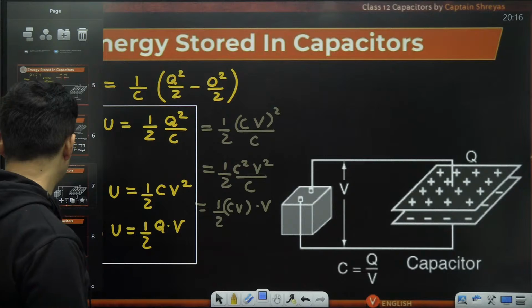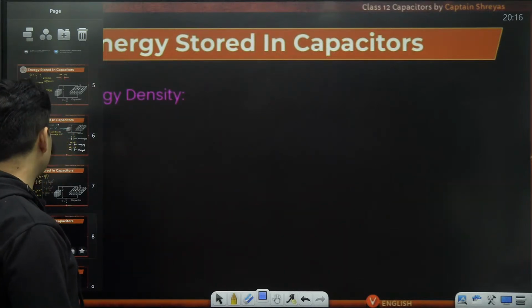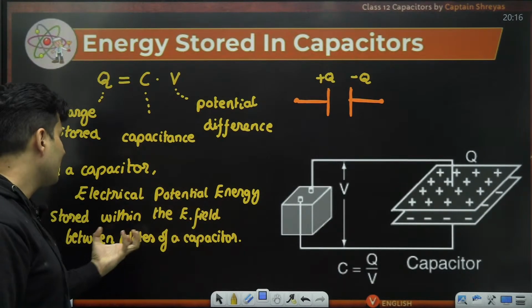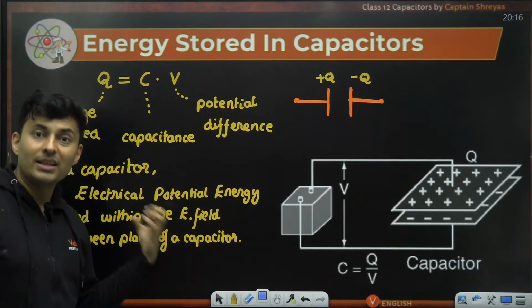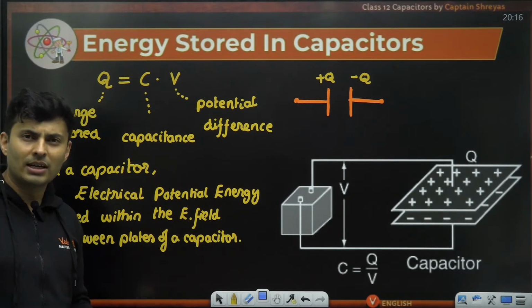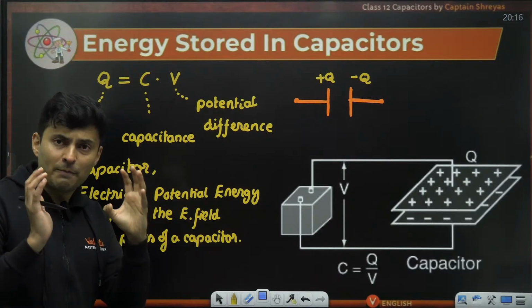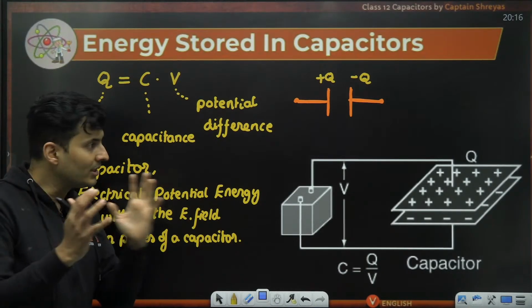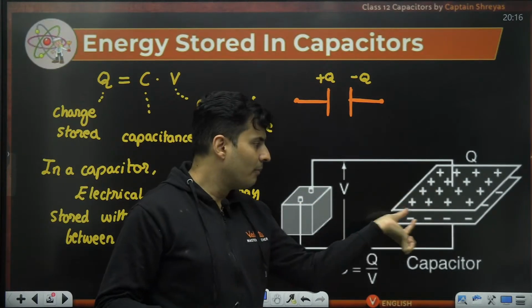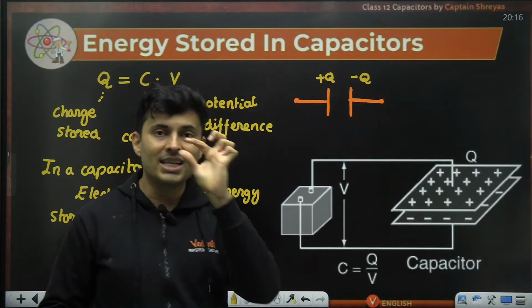Okay, fair enough. But like I said before, this energy is stored in the electrical field between the plates of the capacitor. So how much energy is stored per unit volume? In the space between that capacitor, per unit volume, how much energy is stored?